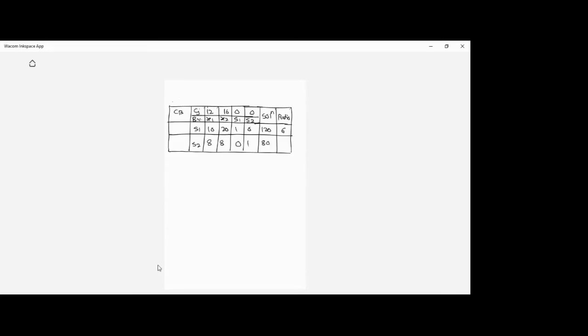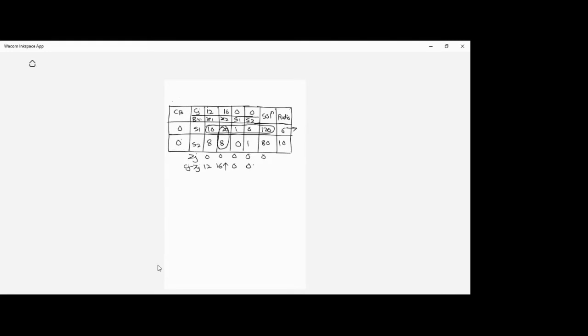Here it was 80, and here it is 10. So it is 0 and 0 here. Zj, Cj minus Zj, it is 0, 0, 0, 0, 0. And here it is 12, 16, 0 and 0. So we have decided this is our leaving variable, this is our entering variable, this is our key column, this is our key row, and 20 is our key element.